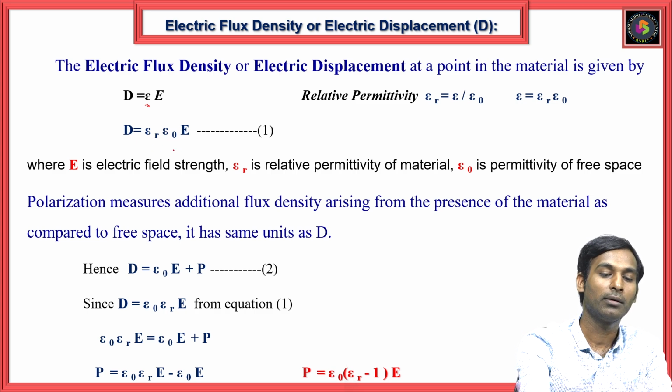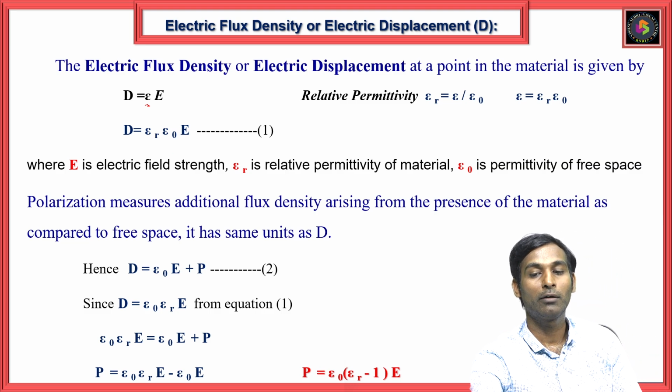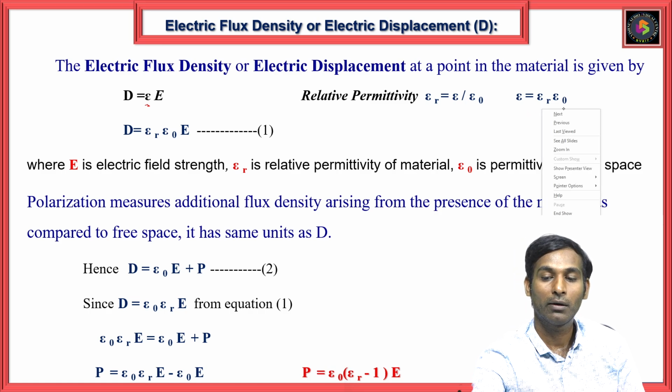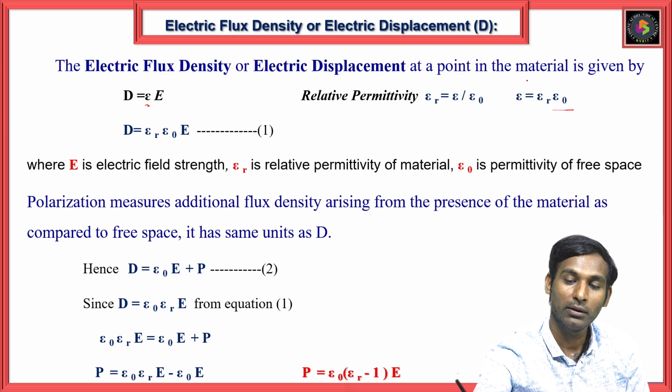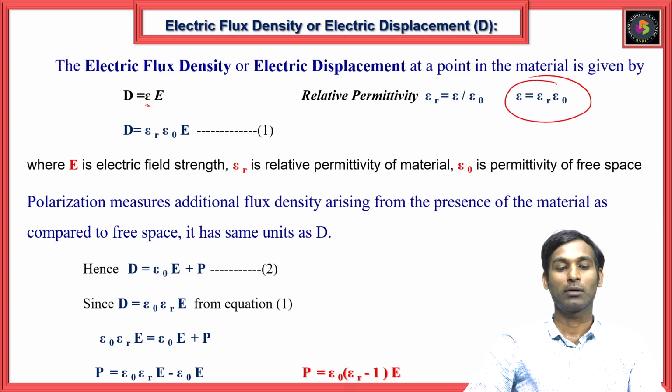These two are the dielectric constant only. Therefore, the relative permittivity is equal to the dielectric permittivity of the medium divided by the permittivity of free space. So permittivity, that means dielectric permittivity or dielectric constant, is equal to the relative permittivity into the permittivity of free space. This is the equation for the dielectric permittivity or dielectric constant.